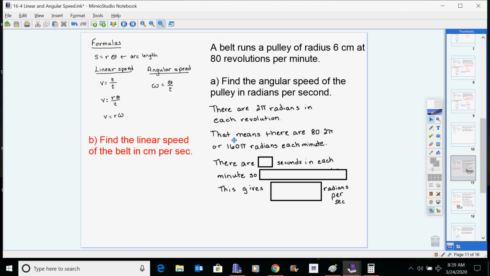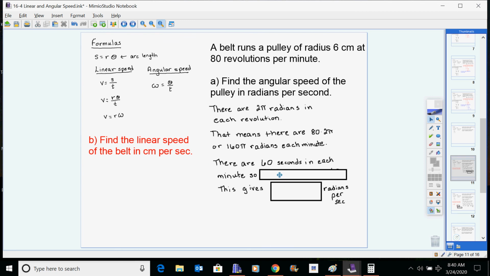So here's our number of radians. In other words, this is our theta. Each minute. Oh, actually, that's each minute, so this is actually our omega. Okay, so 60 seconds in each minute.